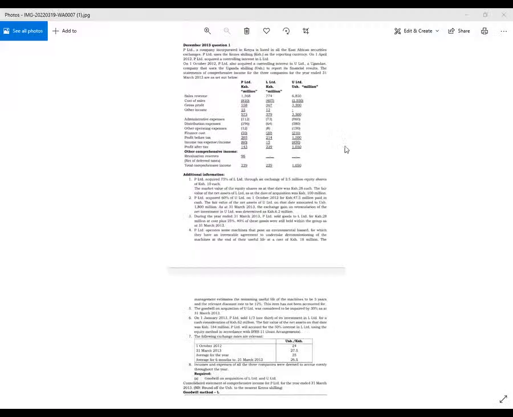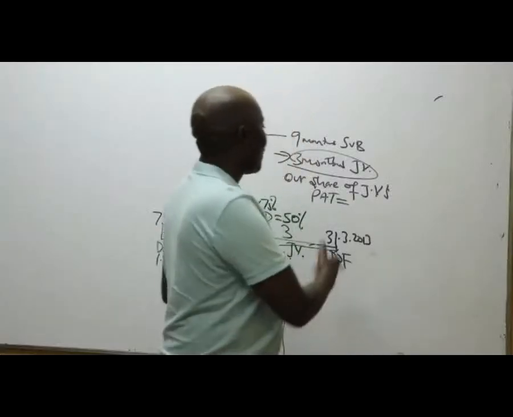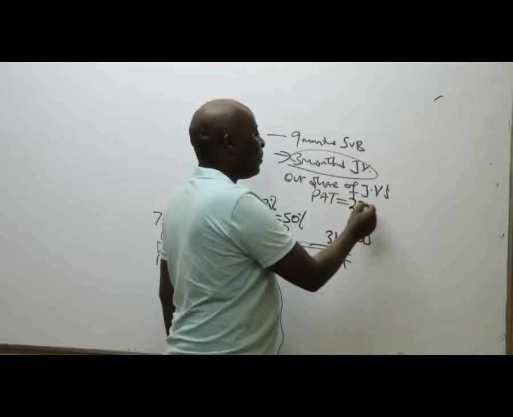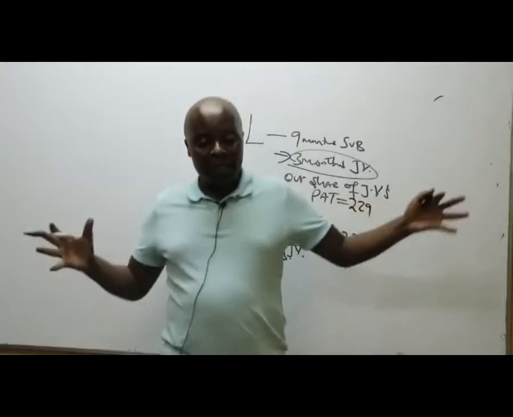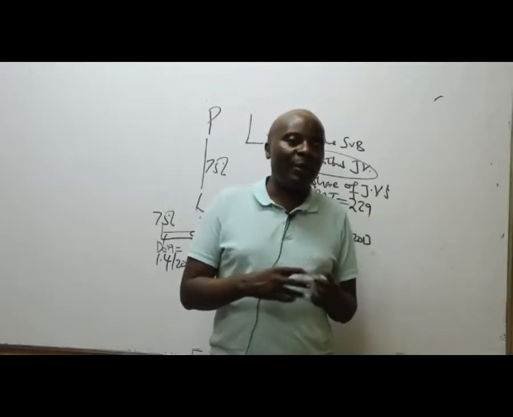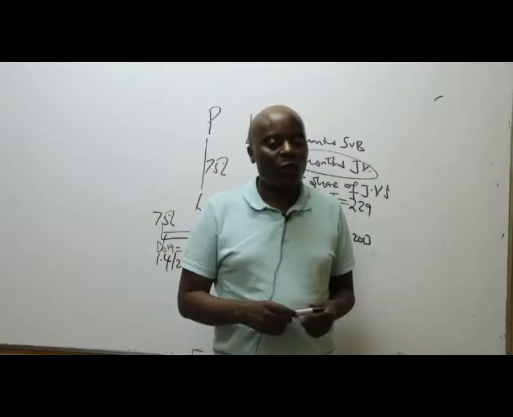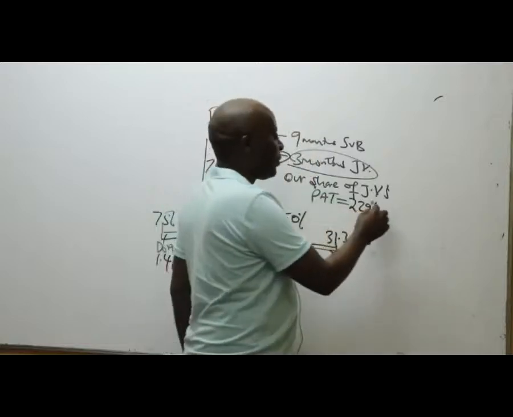You can see this is L Limited. The profit after tax here is 229, remember, for a whole year. But it was a joint venture to us for how many months? So we must prorate this times 3/12.